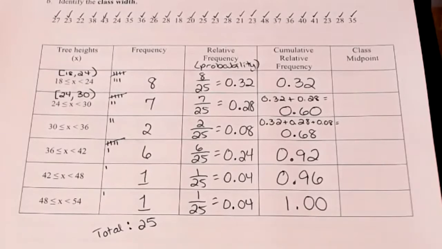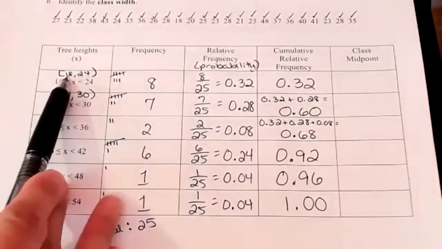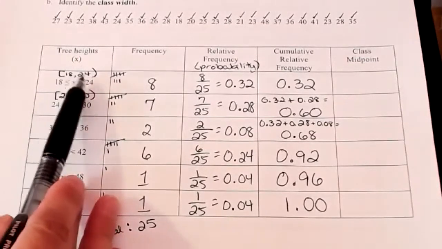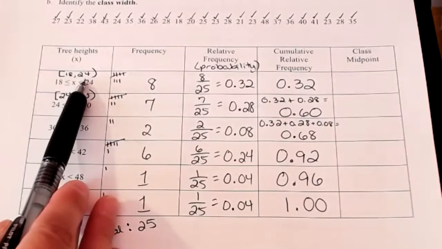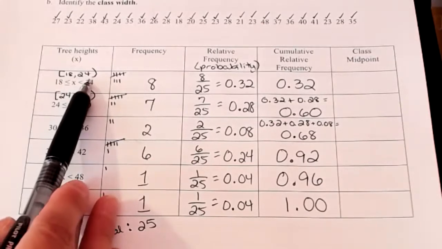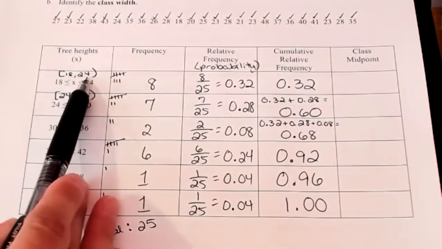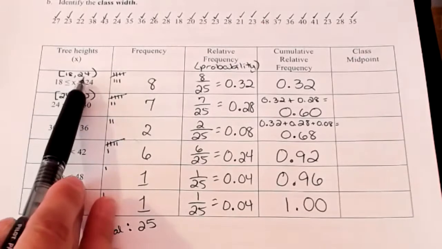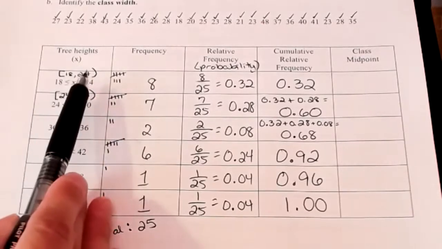Last but not least, we must find the class midpoint. Now, this may make you a little bit worried because we're going to take the lower limit and the upper limit, add them, then divide by 2. And you might say, well, the upper limit's not actually 24. Yes, but we're not going to get that technical, okay? Because we've used these bounds, 18 and 24, to define this class, we will use those values for our formula.